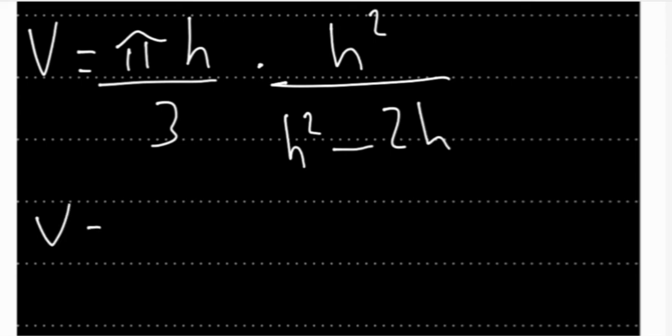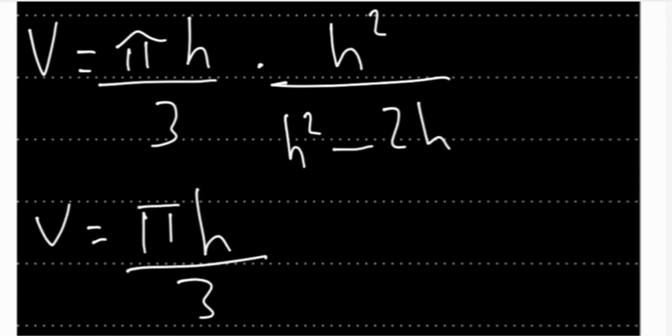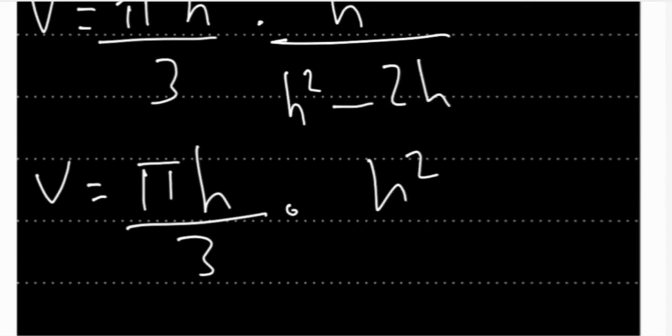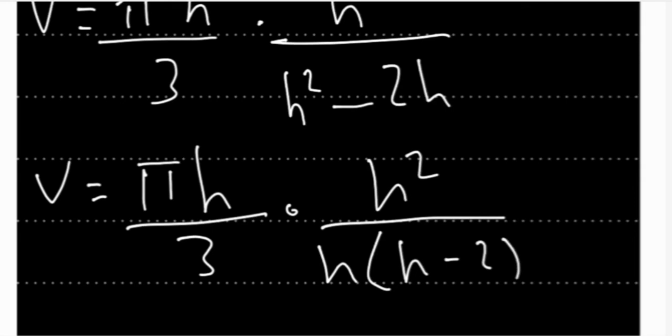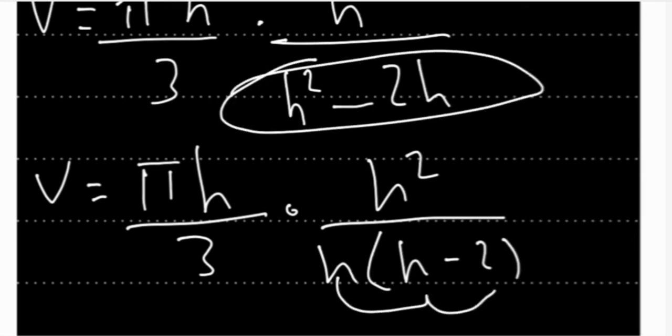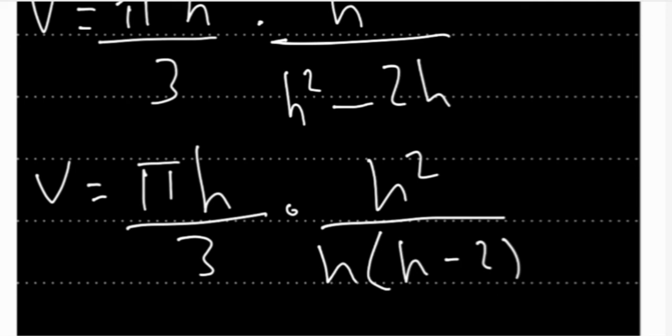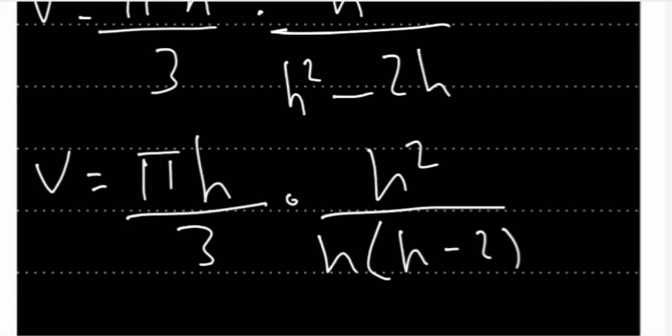Now look, V is equal to pi multiplied by h divided by 3 multiplied by h squared, and here we'll write h multiplied by h minus 2, because if you multiply h inside, you go back to the original, so we didn't change anything. Why did I do this? To cancel this h with this h over here.